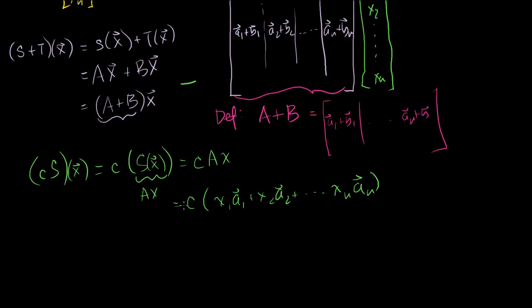And what is this? This is just a scalar multiple. We can distribute this c, and then what do we get? Multiplication is associative. c is a scalar, x1 is a scalar, so we can switch them around if we want. We know that scalar multiplication is distributive, so we can write this as x1 times c a1 plus x2 times c a2, all the way to xn times c an.